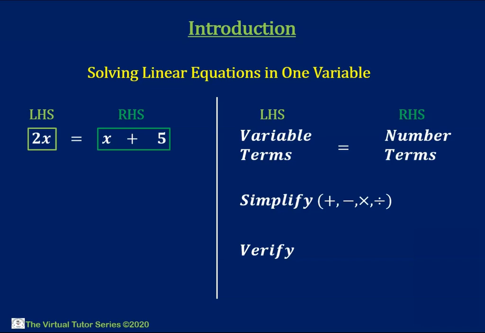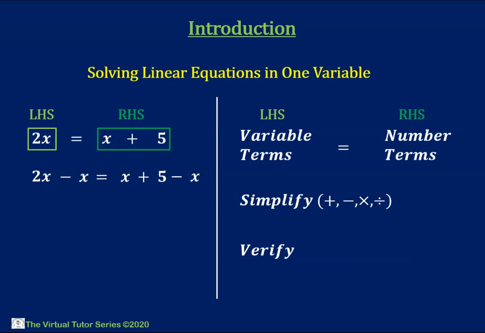So for the left-hand side, we have 2x minus x. And for the right-hand side, we have x plus 5 minus x.